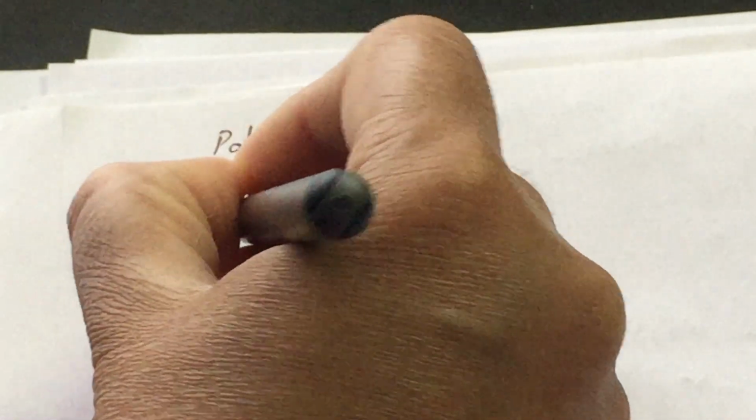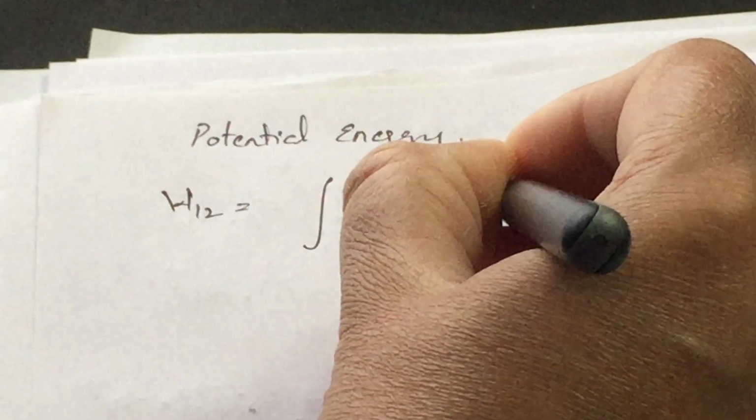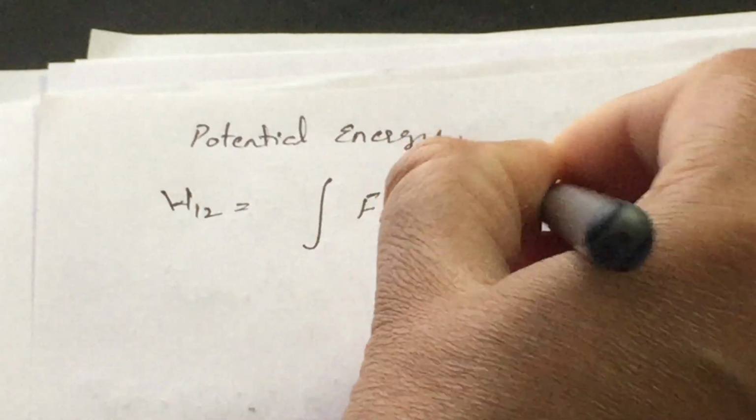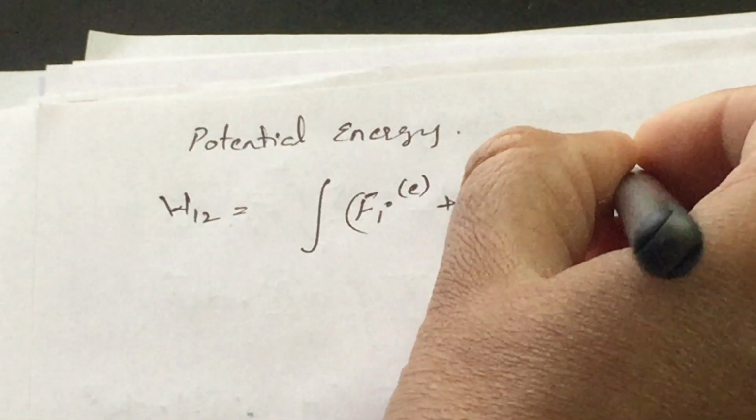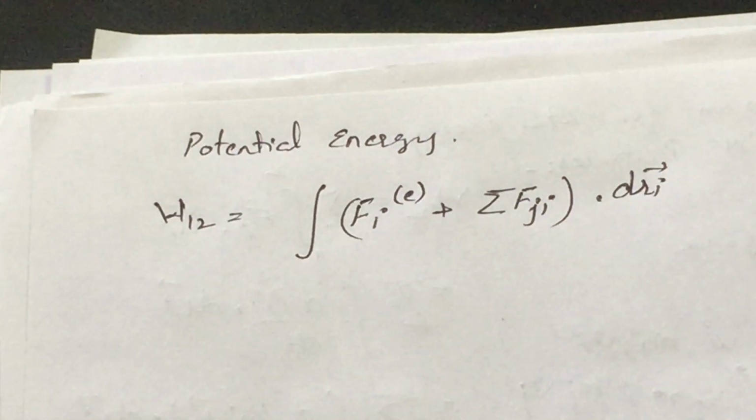Again, on applying some force, we are moving the whole system from position 1 to position 2. On the ith particle, the total force is given by the internal force and the external force, and the particle is displaced by dri.